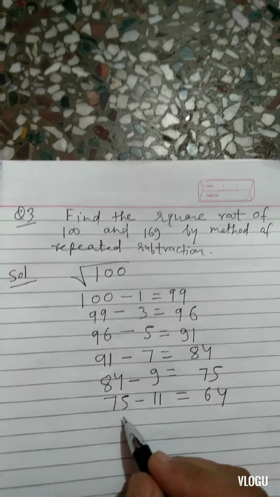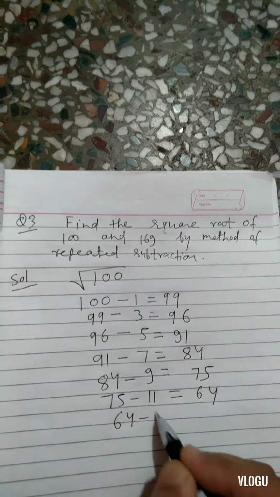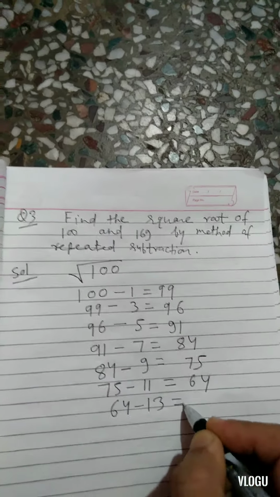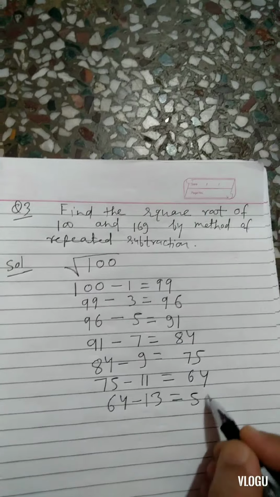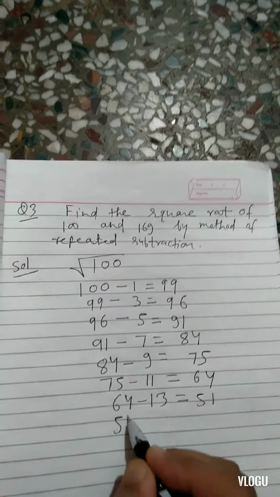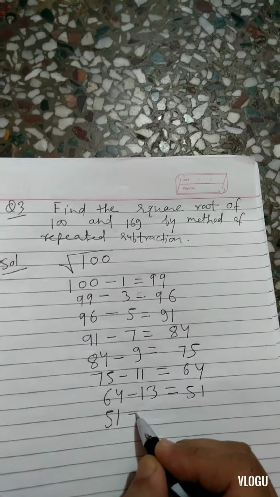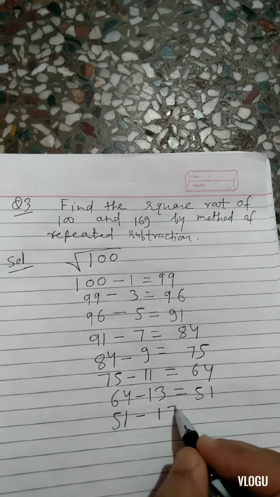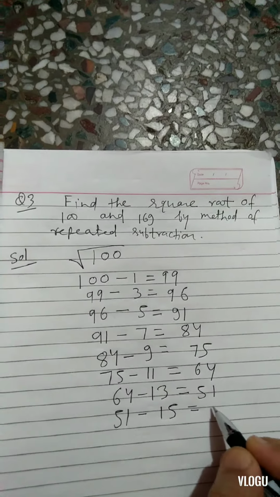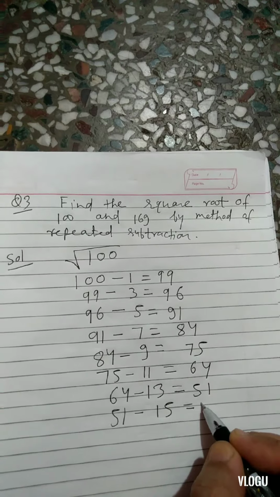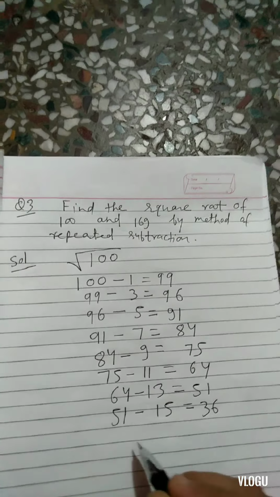Then 64 minus 13 is 51. Then 51 minus 15 is 36.